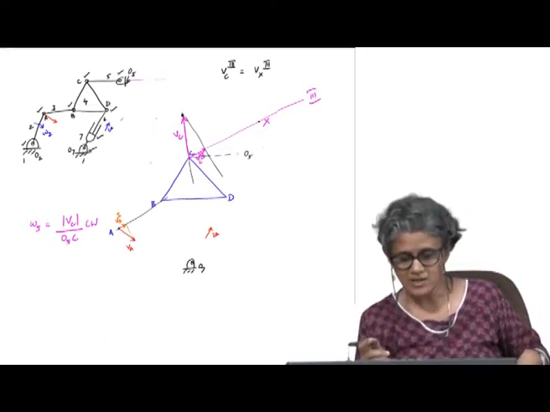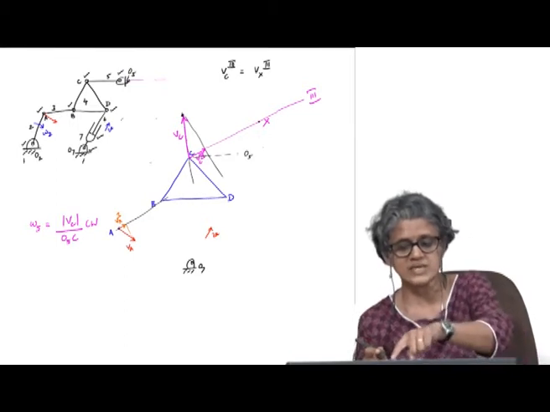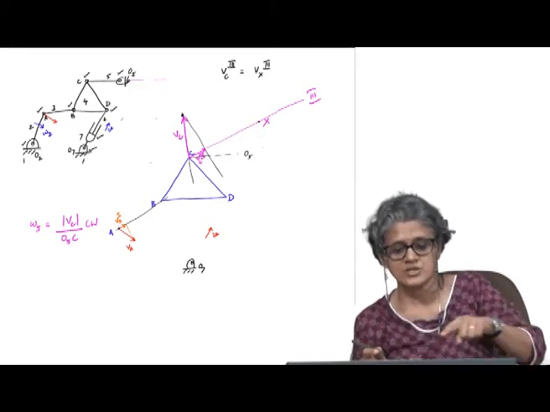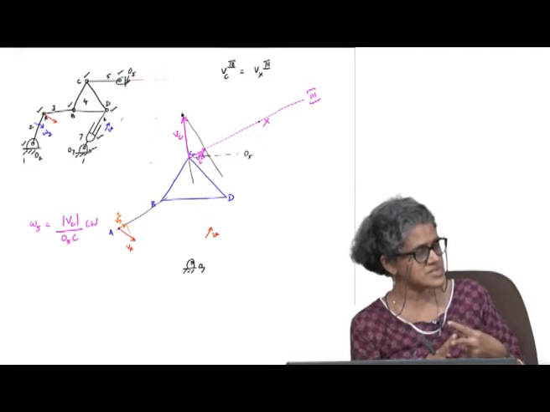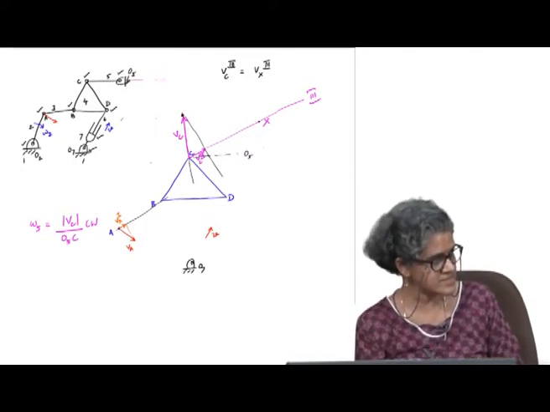How is the second auxiliary point chosen? An auxiliary point comes at the intersection of two auxiliary lines.